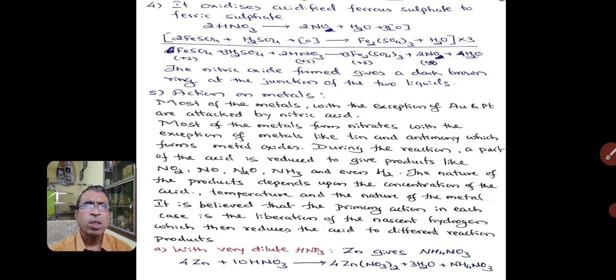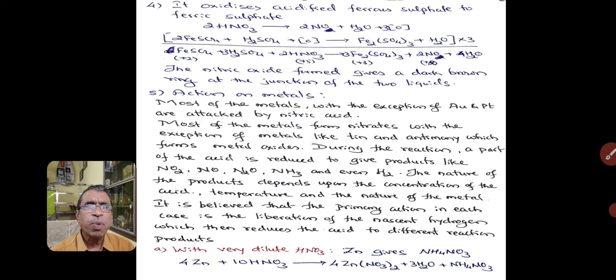Action on metals. Most of the metals, with the exceptions of gold and platinum, are attacked by nitric acid. Most of the metals form nitrates with the exception of metals like tin and antimony, which form metal oxides. During the reaction, a part of the acid is reduced to give products like nitrogen dioxide, nitric oxide, nitrous oxide, ammonia, and even hydrogen.